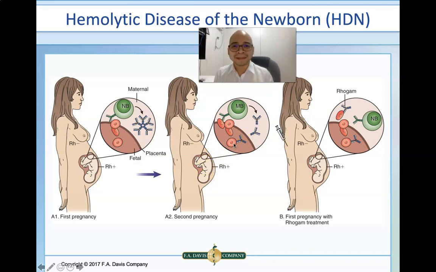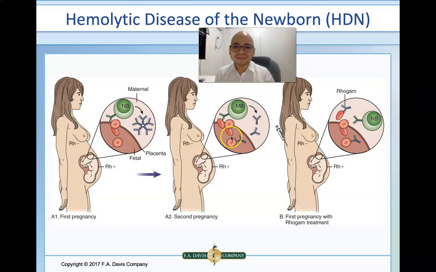So there would be a possibility of erythroblastosis fetalis, which means that it's going to be a stillborn, which means that in most cases, the neonate will not be able to survive.